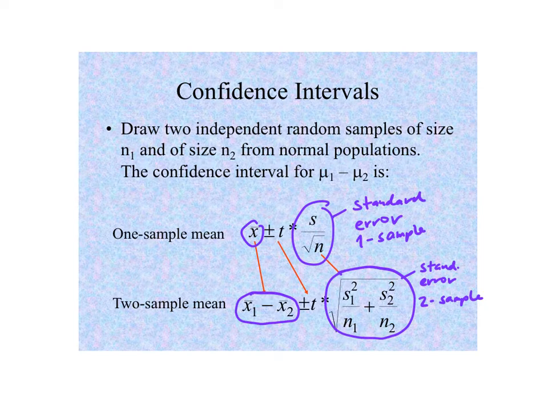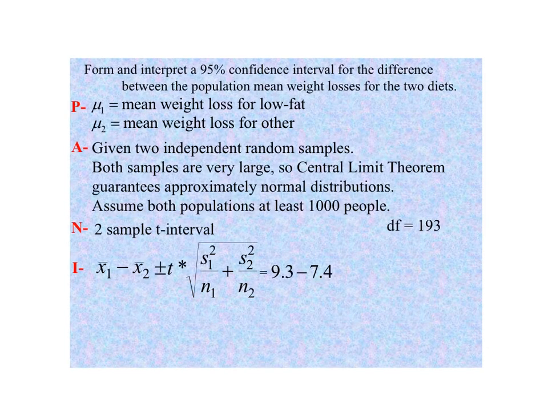All right, so let's see. So in step I, I'm going to write the formula. I'm going to substitute my x1 bar minus my x2 bar, plus or minus, and the degrees of freedom is 193.